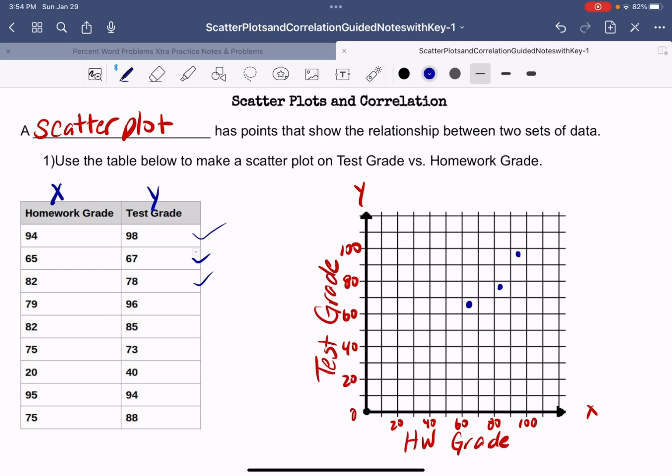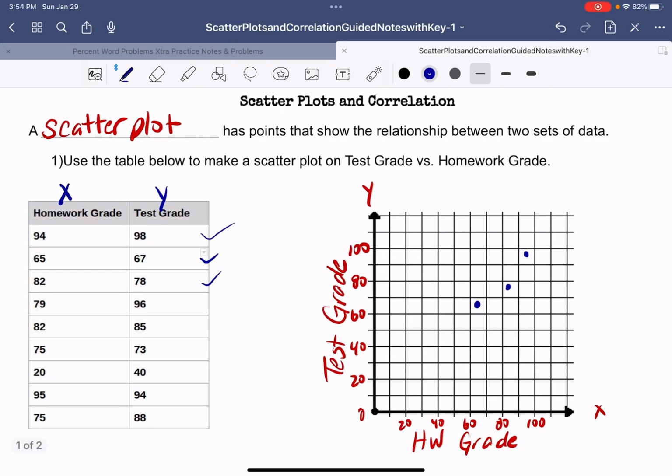79 is our homework grade, and 96 is our test grade. So let's see, 79, and then 96. Ooh, this person did pretty well. Let's see, 82 and then 85. I'm going to go over to 82 and up to 85. So right about here. 75 and 73, 50, 60, 70, 75 and 73, somewhere maybe right here.